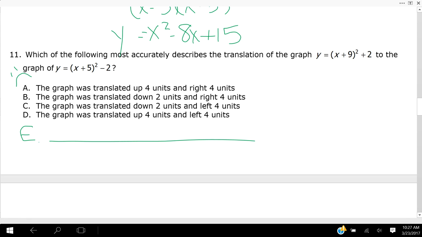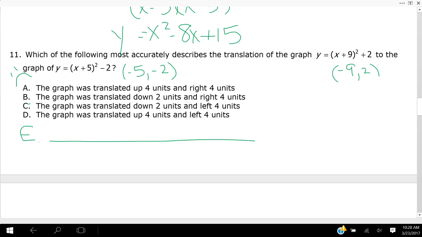No, really. You tell me. You tell me what it needs to be. The vertex for this first one is -9, 2. And the second one is -5, -2. So my x value goes from -9 to -5, so it's going to the right 4.